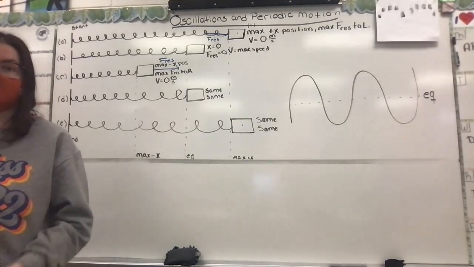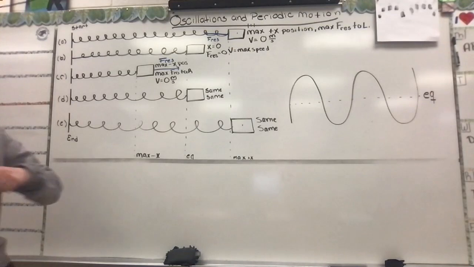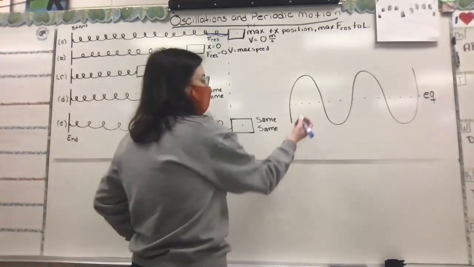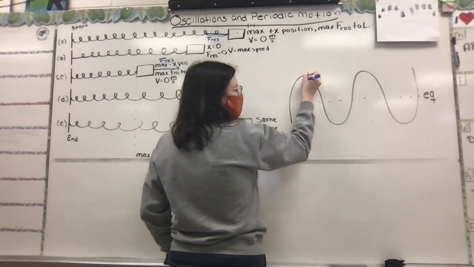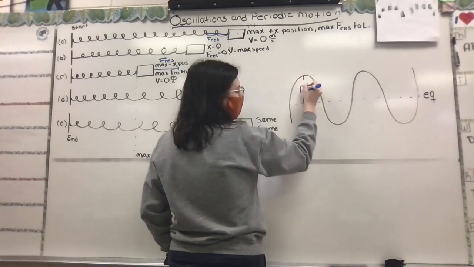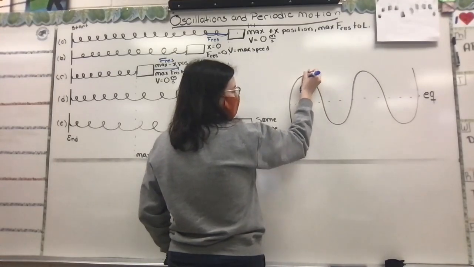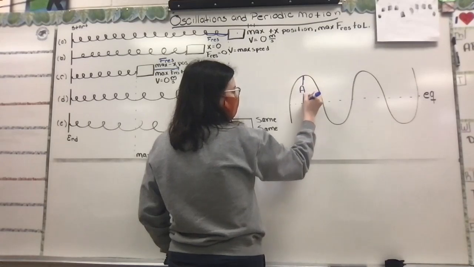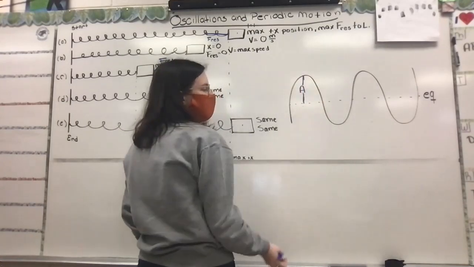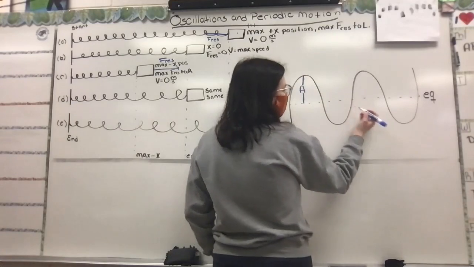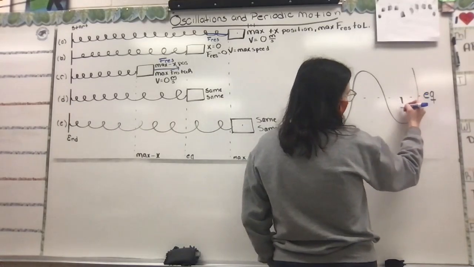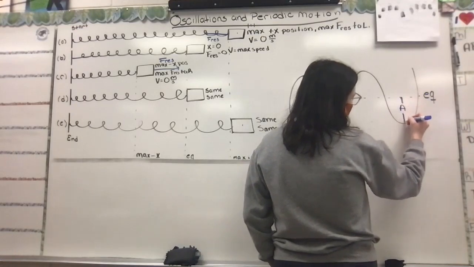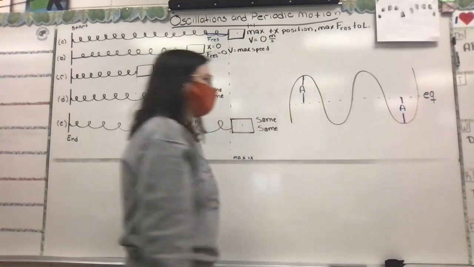It goes from equilibrium to the top, okay? That's our amplitude. So that's one way we can see our amplitude. The other way to see amplitude can be from equilibrium to the bottom of the wave, okay?